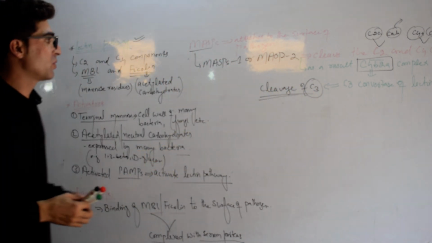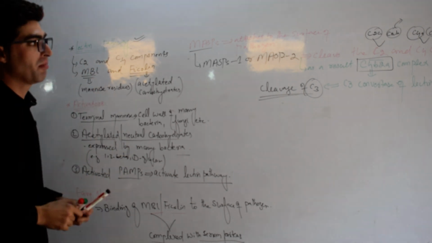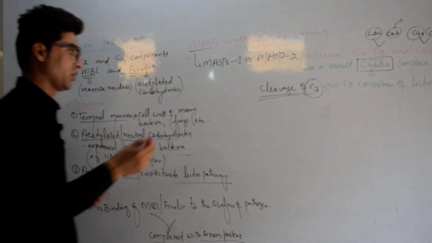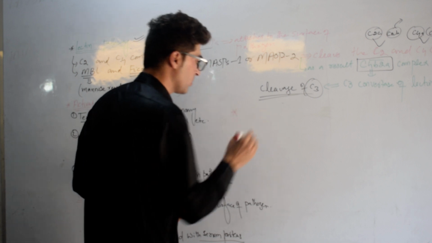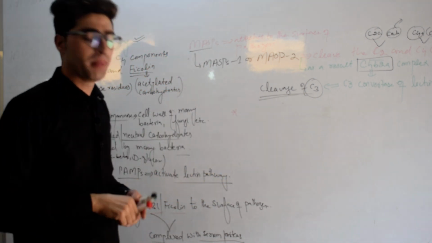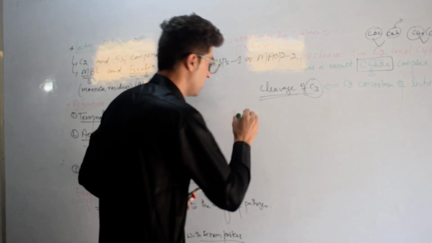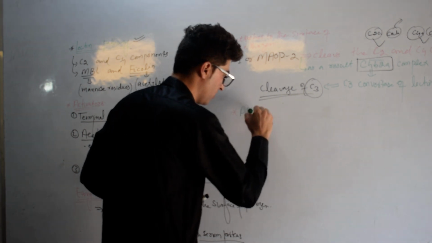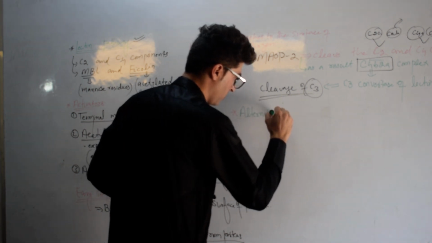So it was all about the lectin pathway of complement activation. Now we are going to look at the third pathway of complement activation, that is the alternative pathway.